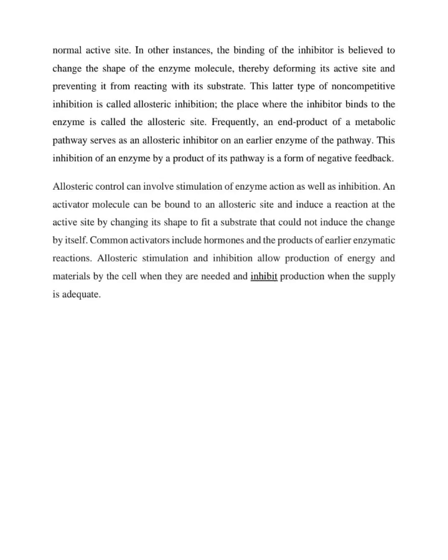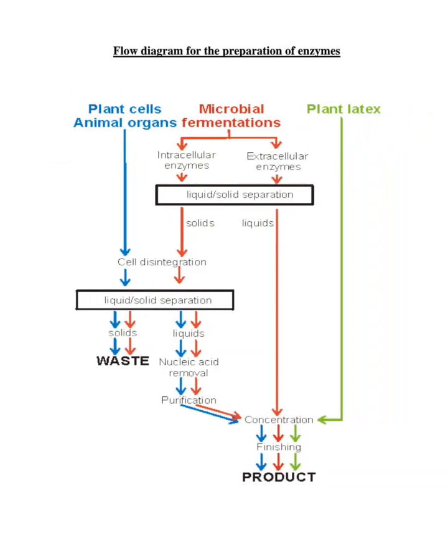An activator molecule can be bound to an allosteric site and induce a reaction at the active site by changing its shape to fit a substrate that could not induce the change by itself. Common activators include hormones and the product of the earlier enzymatic reactions. Allosteric stimulation and inhibition allow the production of energy and materials by the cell when they are needed and inhibit production when their supply is adequate.